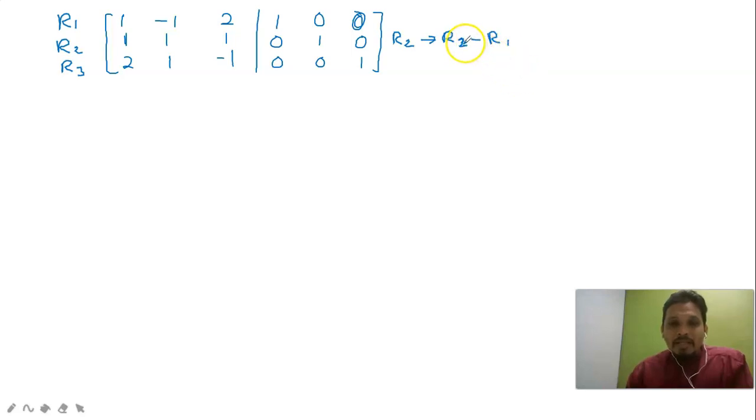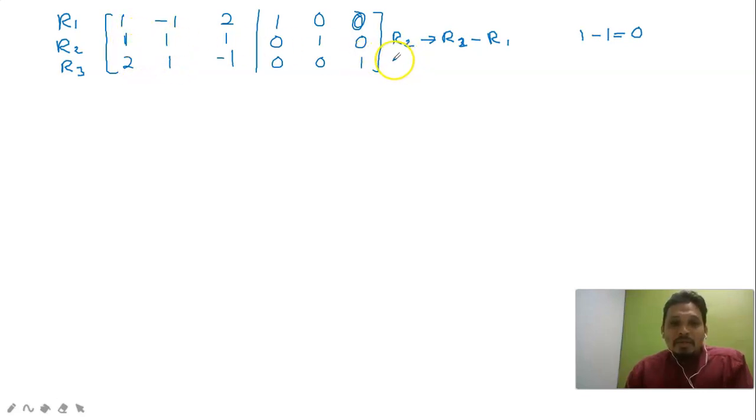So the idea is, what is the number in row number 2? 1. And what is the number in row number 1? Also 1. So 1 minus 1 equals 0. Look at this one here, this is an identity, so we got 0, 0, 0. So this is my first target, to turn this into 0, 0, and 0 here.